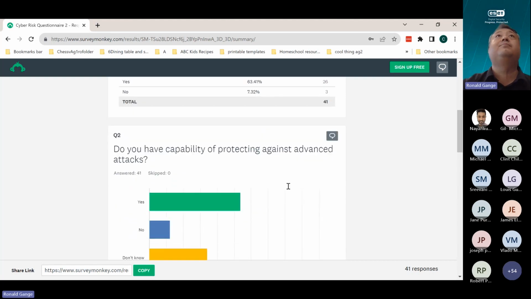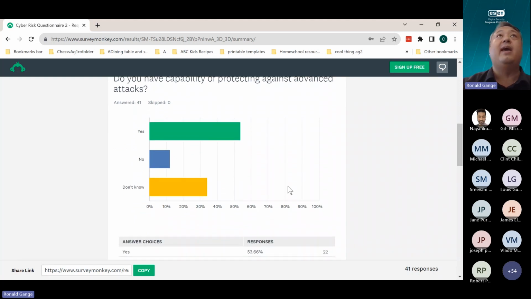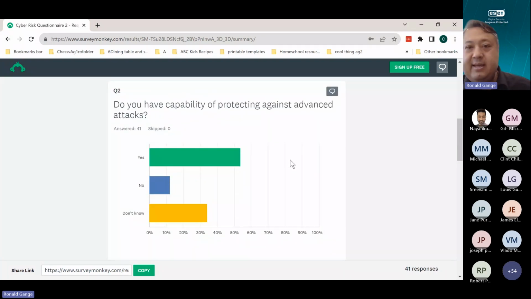Okay, next one. Do you have capability of protecting against advanced attacks? Again, the prevalent answers are yes and don't know. So in terms of advanced attacks, ESET, the software itself, has multiple layers of protection and is able to protect against different advanced attacks.